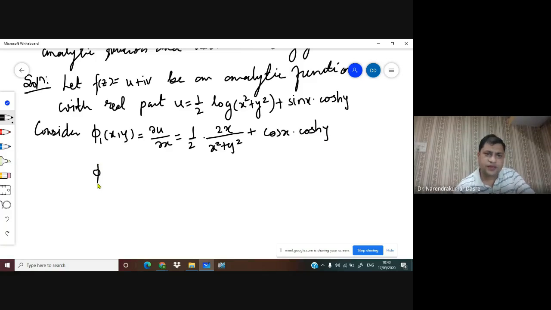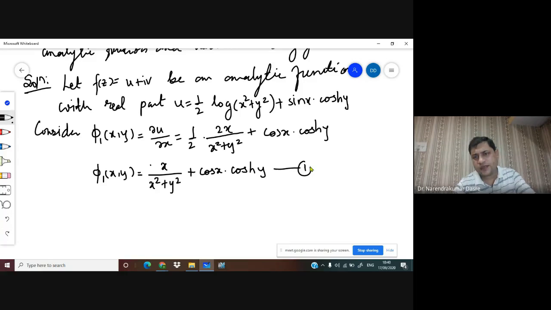If we simplify this, the 2 will get cancelled and phi 1 of xy is equal to x upon x square plus y square plus cos of x into hyperbolic cos of y. Let this be equation 1.